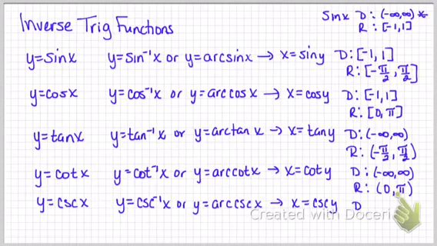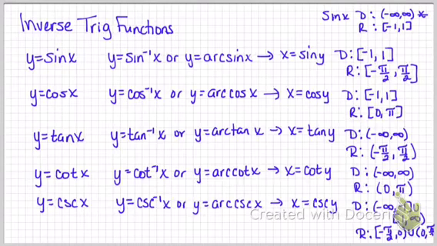It has a domain of negative infinity to negative 1, and from 1 to infinity, and it's got a range of negative pi over 2 to 0, not including the 0, and then not including the 0 up to pi over 2.